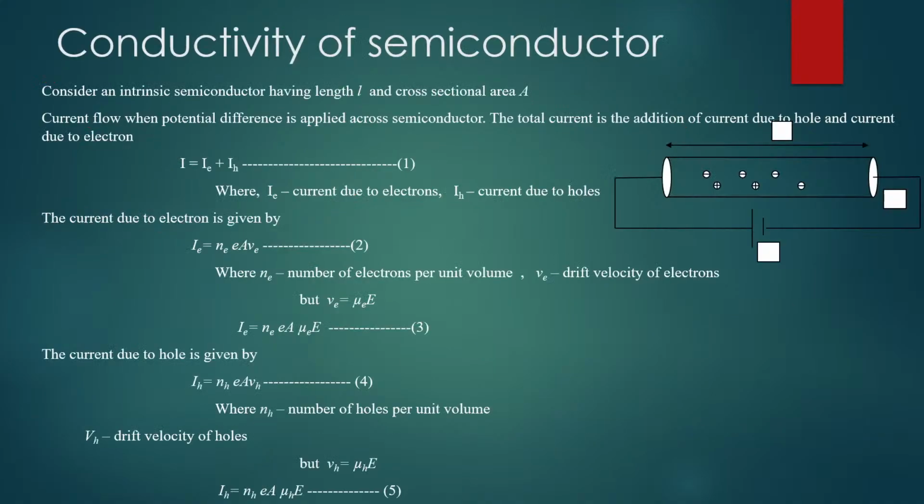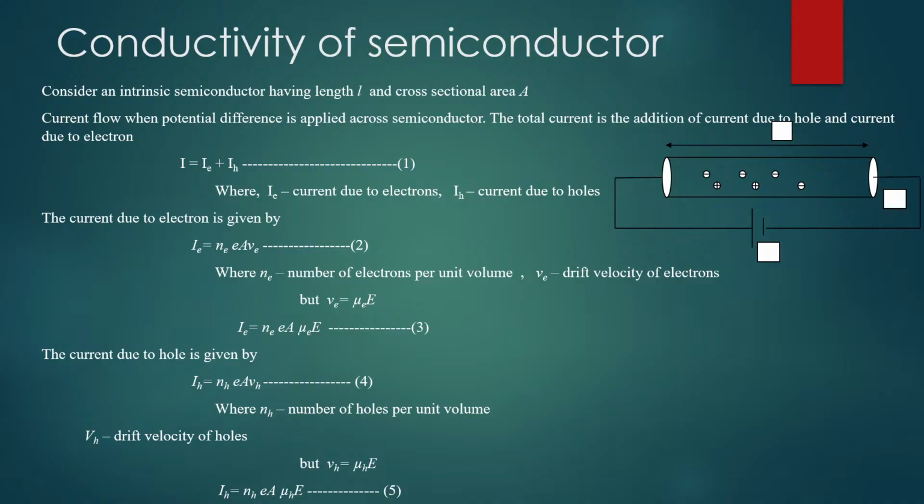Now, the next point is the conductivity of a semiconductor. Again, the same thing is there. Whenever we derive the equation for a conductor, the same equation you have to put for the semiconductor also.